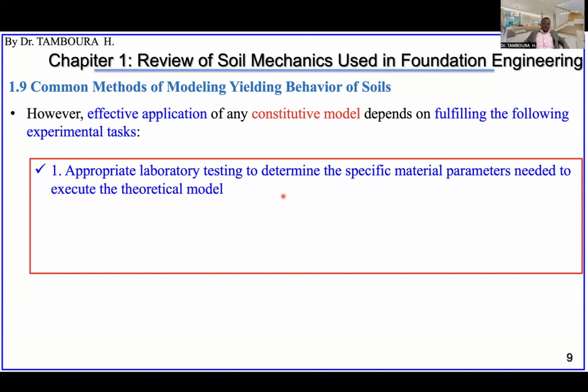Sometimes you need to go to the lab, for example, to know the cohesion of the soil, the internal frictional angle, and the unit weight of the soil material. You determine these from lab testing to get the material parameters first. These material parameters will be the input parameters for your model, for your calculation. The input data, you have to know them.